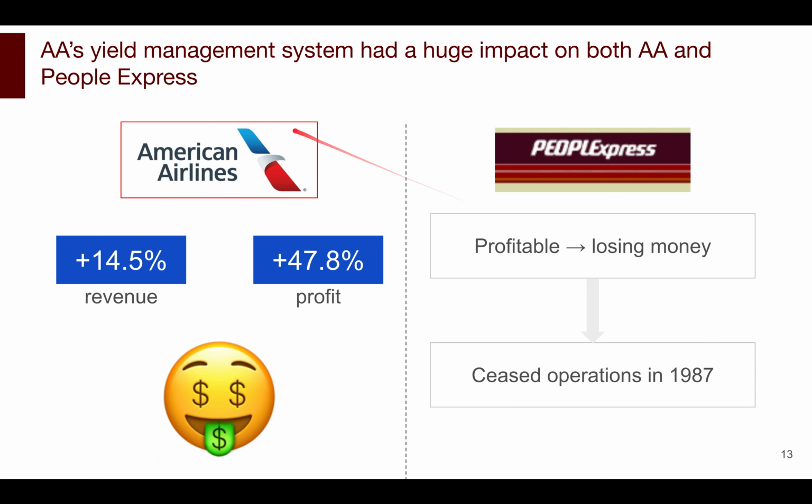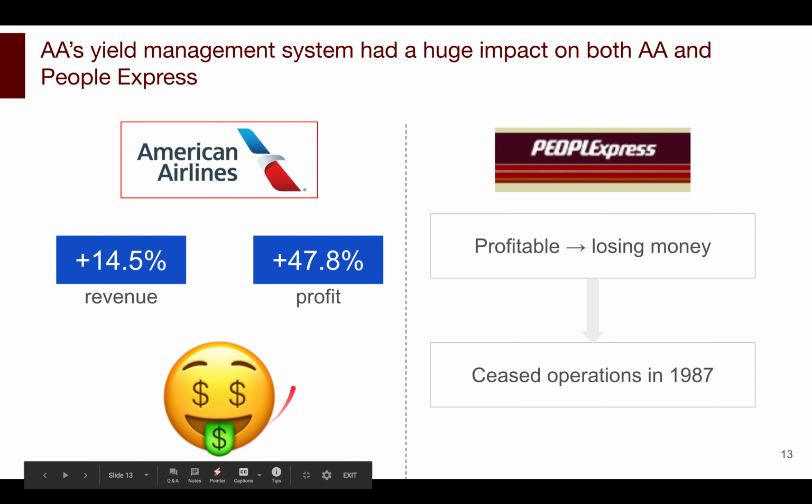When American Airlines implemented this, what they called a yield management system, but that's equivalent to revenue management, there was a huge impact on both American Airlines and their competitor. American Airlines saw a huge increase in revenue and profits, which led to much happiness and many bonuses for the people working there.